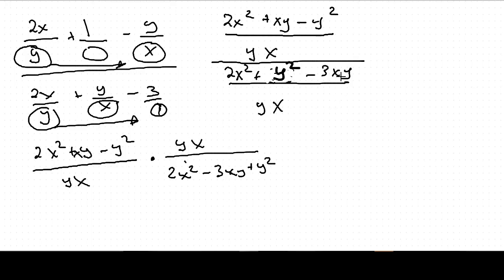I'm writing them in the same order. I'm just switching these two. Oh, okay. That's fine. Yeah. I want to make them look the same. Okay. And then I can cross cancel these? You can cross cancel those.